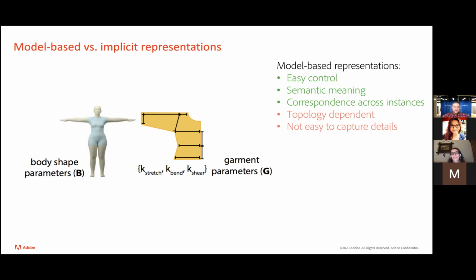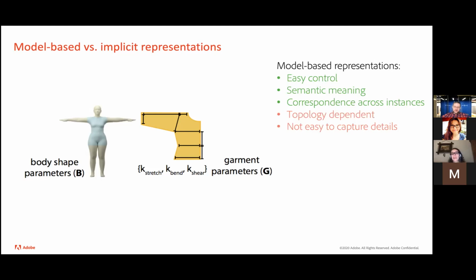Another big advantage is if you generate different instances of the same template, you also get correspondence for free across these instances. On the downside, they are topology dependent. For different garment types, you would need to design different templates. So for different topologies, you would also need to design different templates.